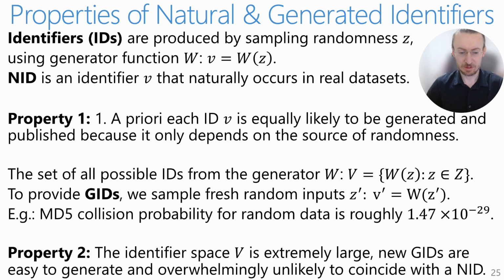And property 2 of these identifiers is that the identifier space V, so all possible keys that we can generate, is extremely large. So we can really provide as much of this held out set as we want. There is no limit on how big it can be.